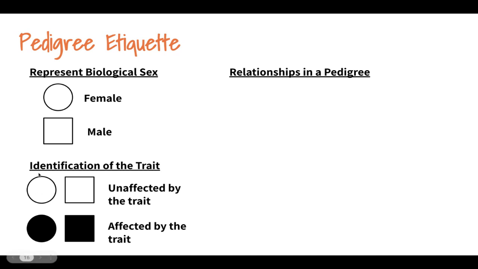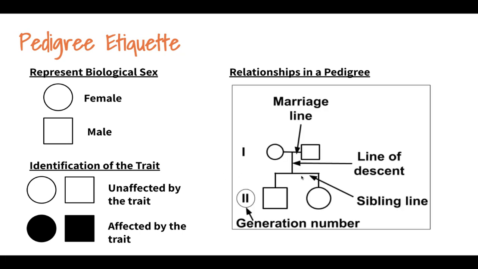If they are unshaded, like these two individuals right here, they do not have the specific trait we're looking at. In pedigrees, we also have different relationships. A line like this between two individuals is a marriage, a relationship line.